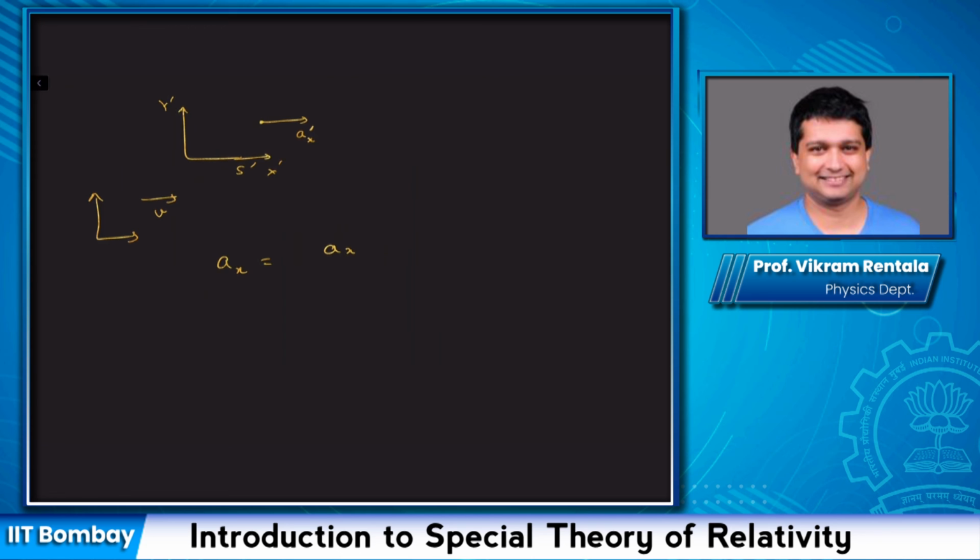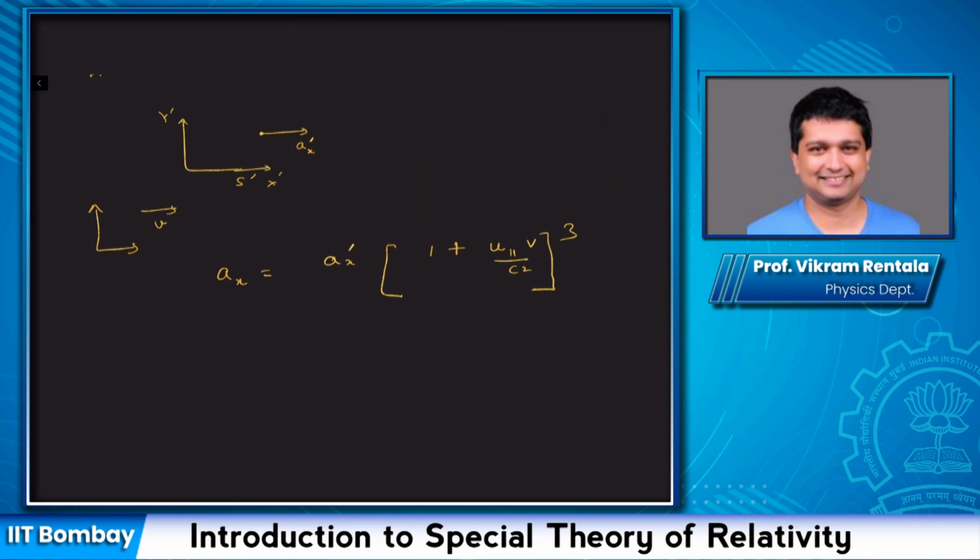ax prime times (1 plus u parallel v over c squared) cubed, divided by (1 minus v squared over c squared) to the 3/2.